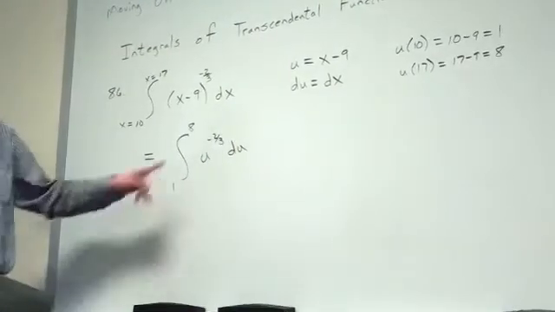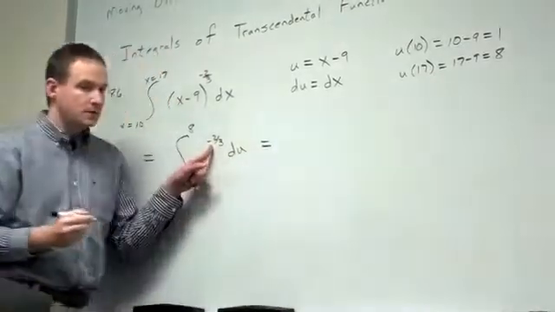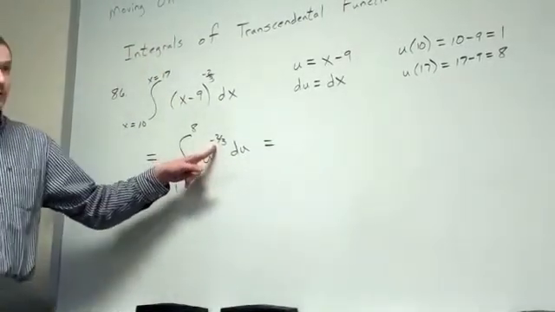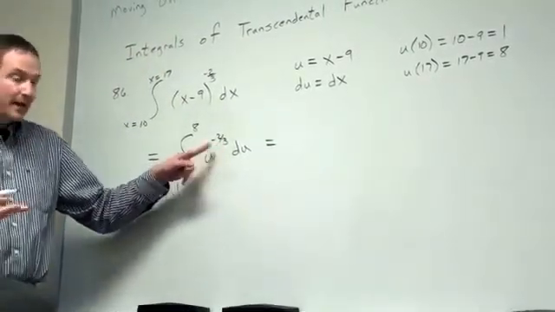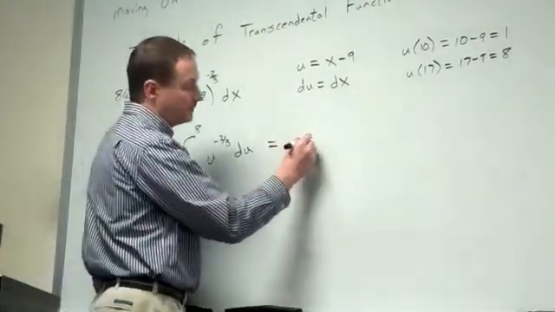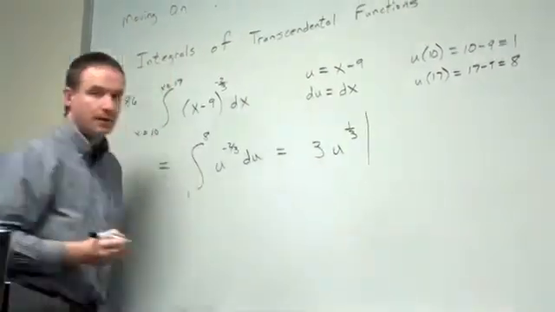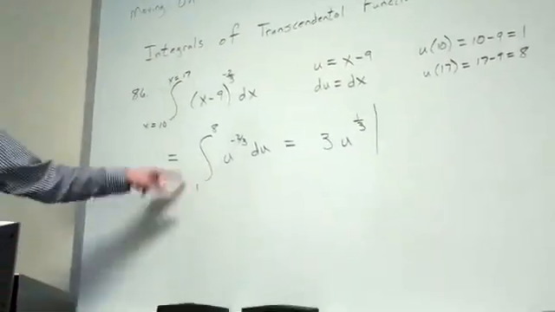Now we integrate, we know we add 1 to the exponent. U to the negative 2/3 plus 3/3 is u to the 1/3. Divide by that new exponent. If you divide by 1/3, you're multiplying by 3. So I'd say 3u to the 1/3 evaluated from 1 to 8.